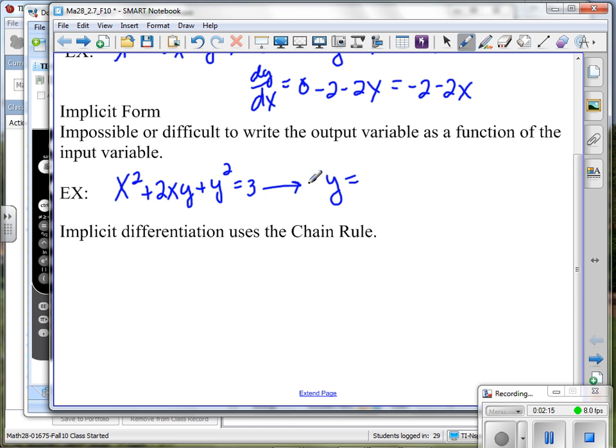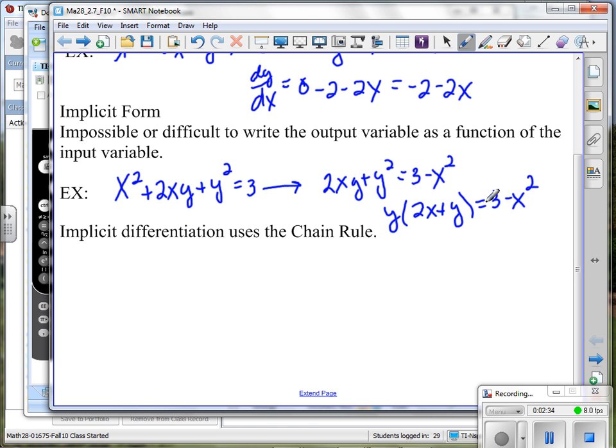Now, if you look at that, you say, well, that's no problem. I can say, 2xy plus y squared equals 3 minus x squared. Okay, I can factor out a y, so I have 2x plus y. Uh-oh, I see a problem already. How can I write this as y equals, when if I try to divide by this, I have a y term over here now?